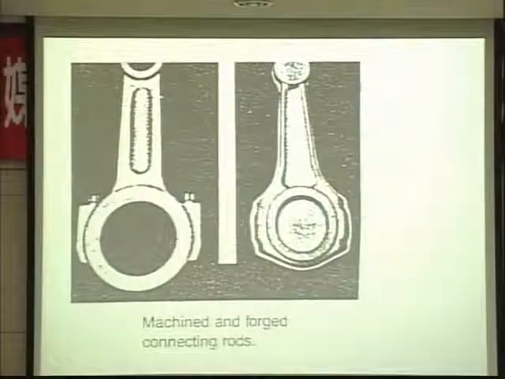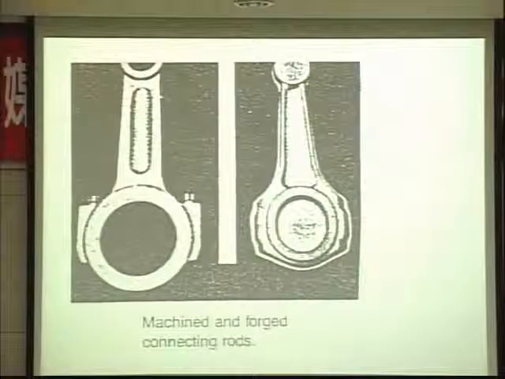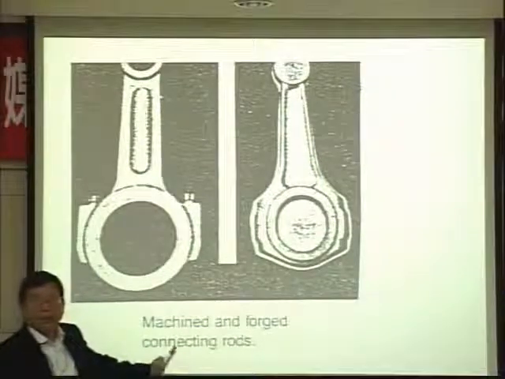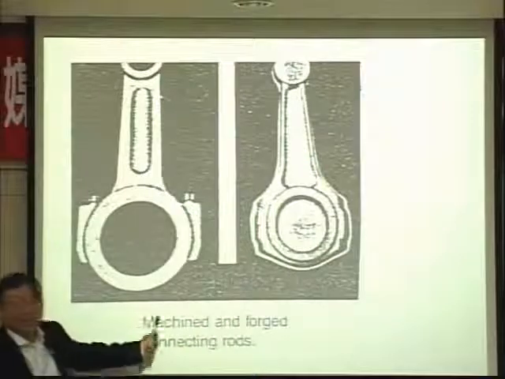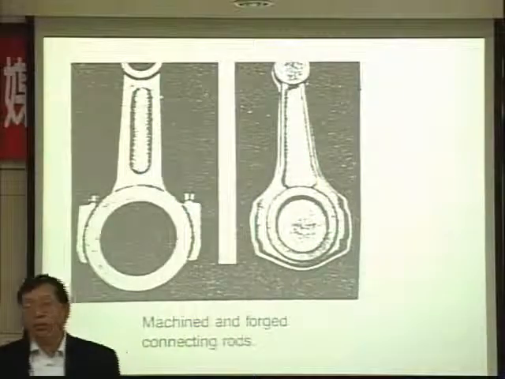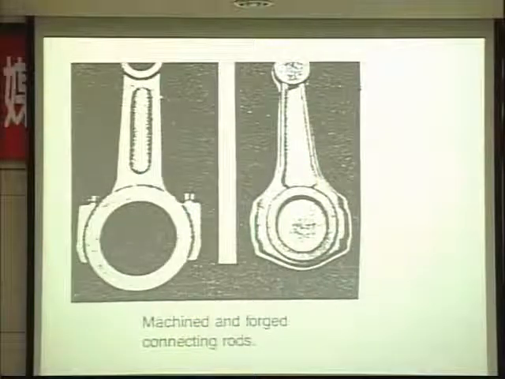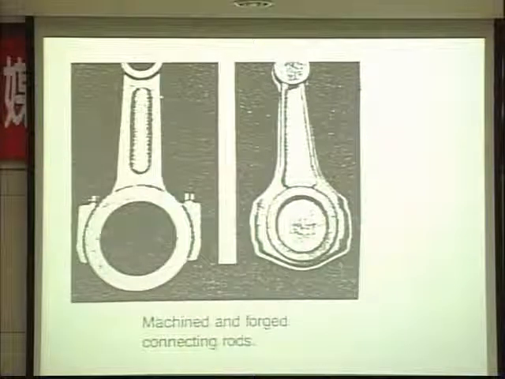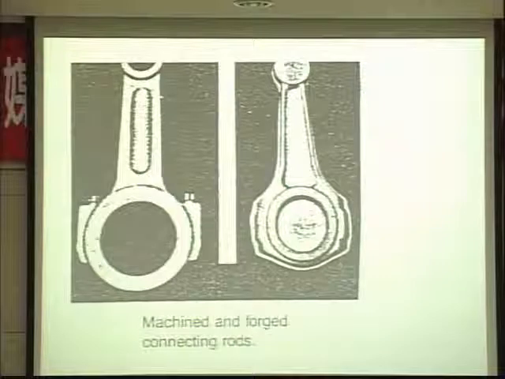This is the automobile connecting rod, but people did not use this for every car. Gradually, Toyota is putting in some composite material. Initially, they started to use this in their racing car.